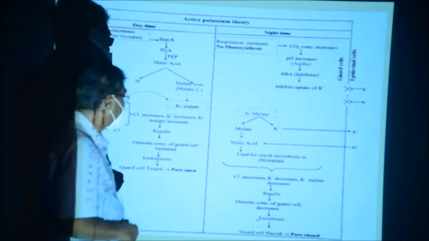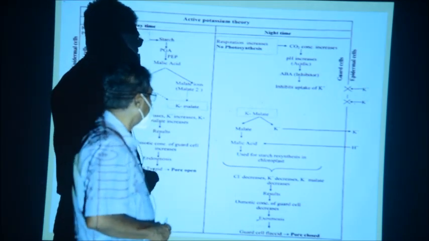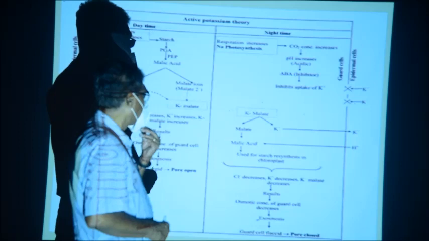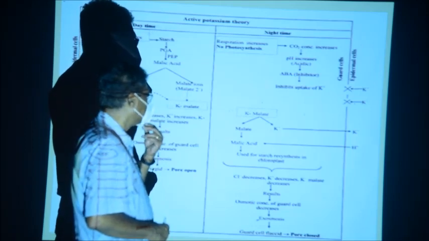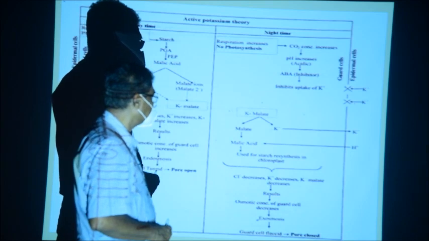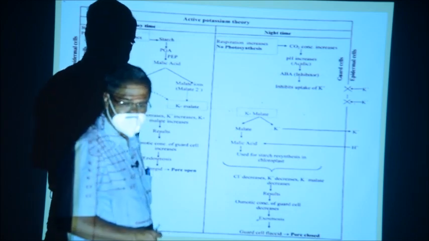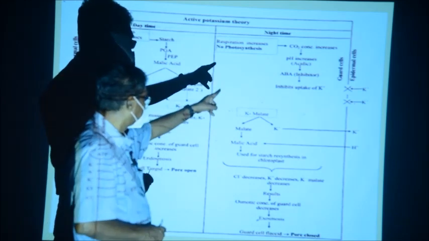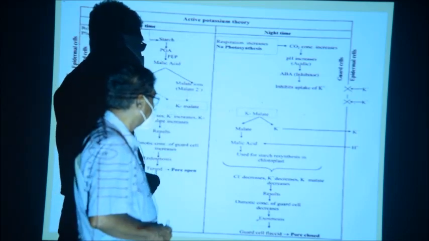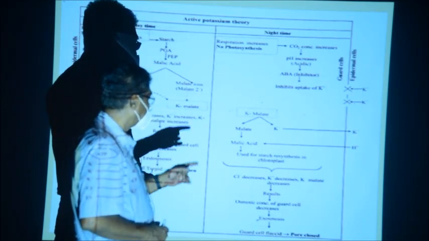Now, coming to the night time, here the carbon dioxide concentration increases because of absence of photosynthesis, and pH decreases. It's wrongly mentioned as increases, it decreases.